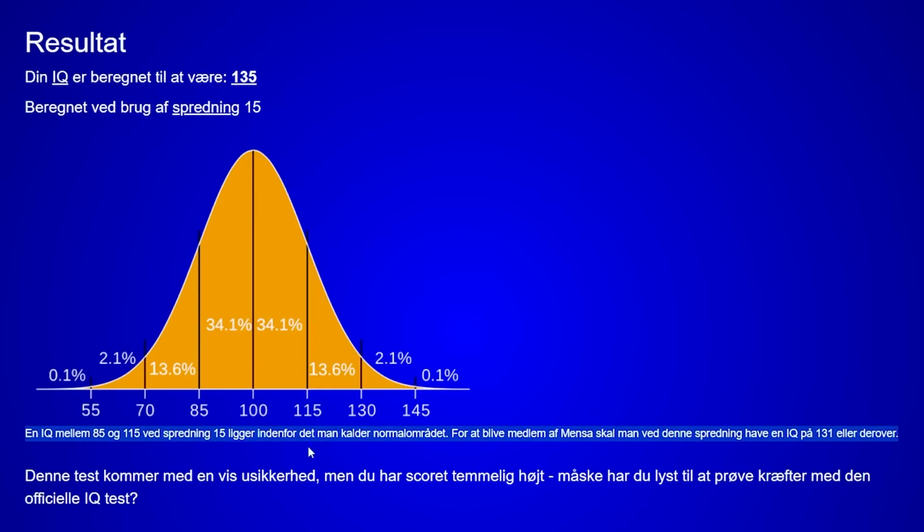So apparently, according to this very simple test, I'm among the top like 2%, and I think we can very clearly see here that it's a very limited test, because if you do the full IQ test, they will have a bunch of different types of puzzles, word puzzles as well, I believe.